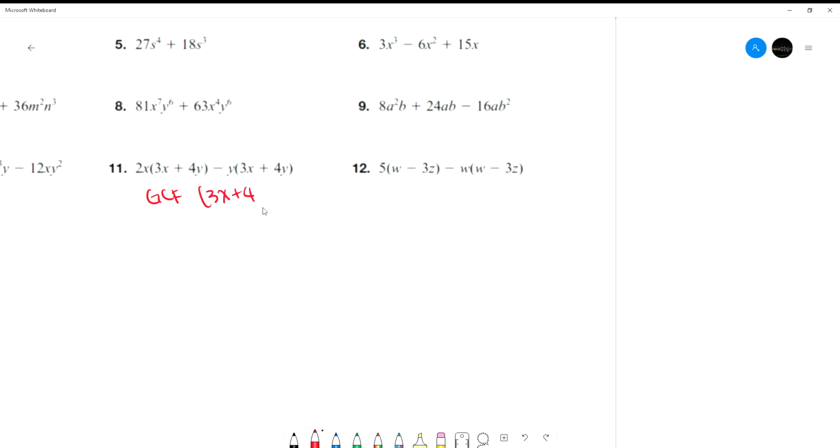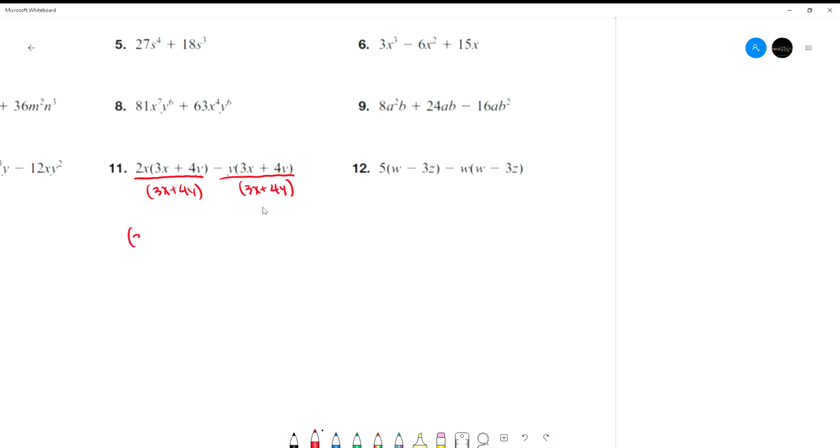3x plus 4y. Very good. So now we divide each term by 3x plus 4y. Actually, let me erase this. I want to just do this over. Okay, so we know that the GCF, I'm going to divide both of these by 3x plus 4y, right?